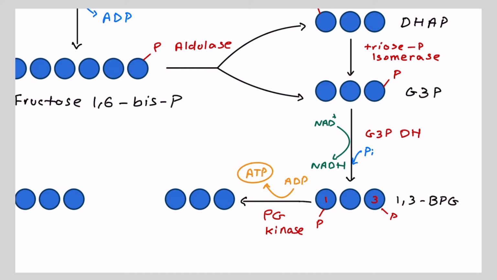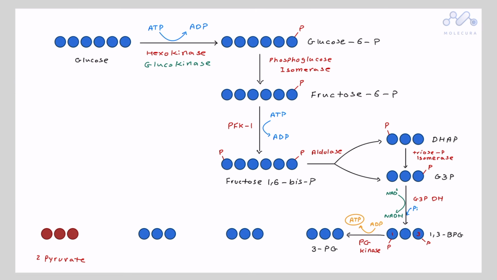So what is this molecule going to be called? We had 1,3 bisphosphoglycerate, okay, and we removed the phosphate from 1, so this one is gone. And since this one is gone, the bis has to go as well, because there is only one phosphate group, and that's on the carbon number 3. So our molecule here is going to be called 3-phosphoglycerate.